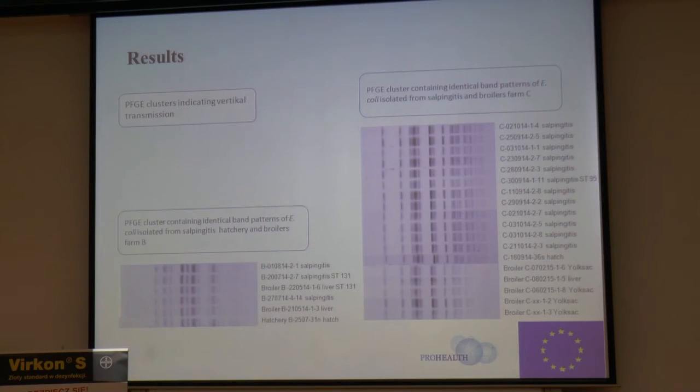But as you see, at least, we have exactly the same subtypes occurring in the broiler breeders, causing salpingitis over here, and we have it in the hatchery, and we also have it in the broiler farm. So again, it's the same subtypes appearing throughout the production pyramid.